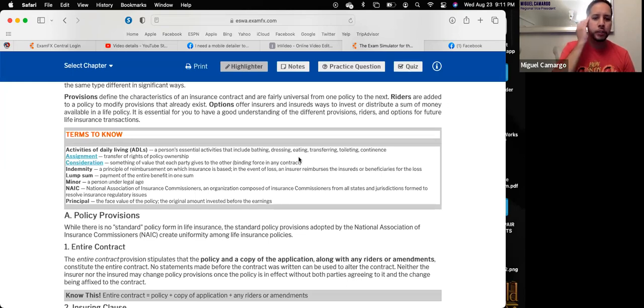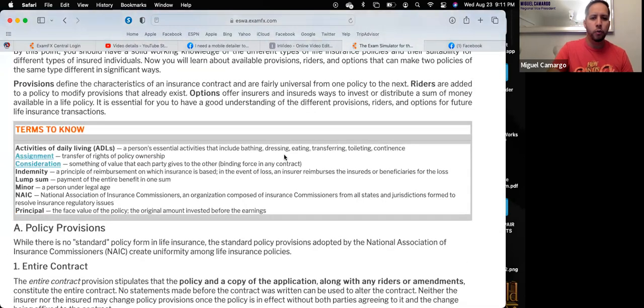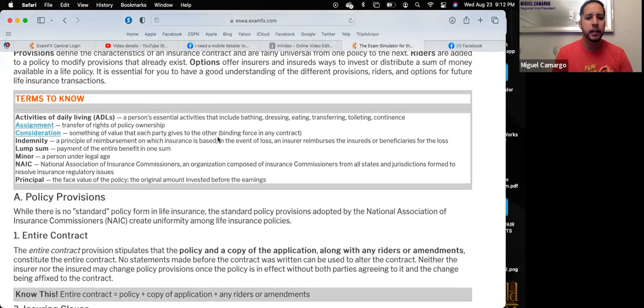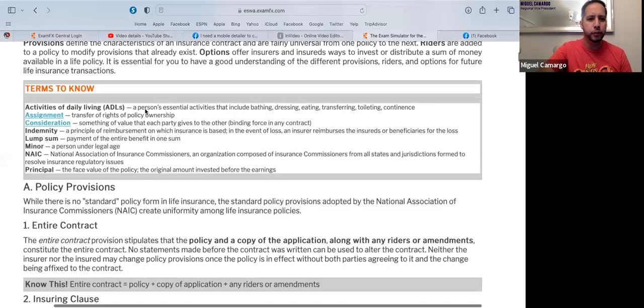Indemnity is a principle on which insurance is based: in the event of loss, the insurer reimburses the insured or beneficiaries. Lump sum, we talked about that last night. It's a payment in which you'll receive full payment for everything, right?